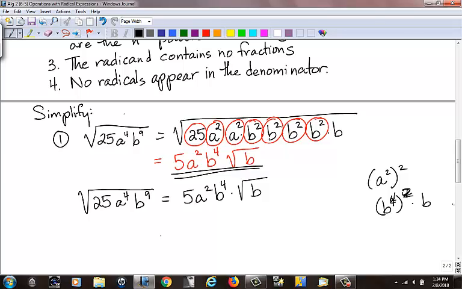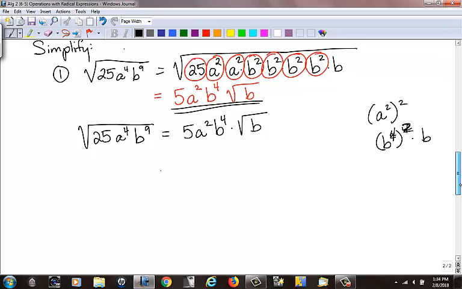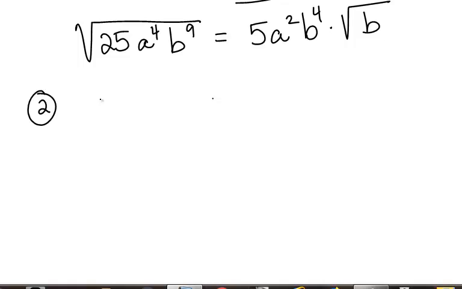Yep. Okay, now let's use the product property and quotient property a little bit. Okay, another example. Let's say they give you the square root, and when you do these, write your radical big enough and draw it all the way down. This is y to the 8th on top over x to the 7th on the bottom.